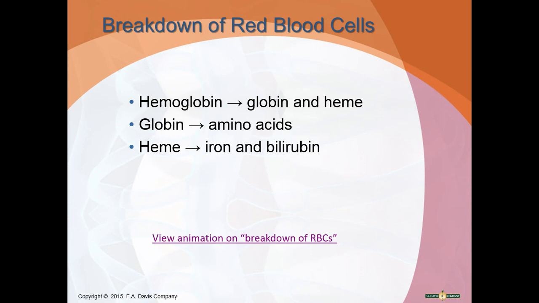Another thing that happens, because it's an excretory organ, is that the kidneys will start excreting bilirubin through the urine, and the urine will get a tea colored appearance. So the bilirubin will stop coloring what it's supposed to be coloring, the stool, and will start coloring the skin and the urine, because of the body's attempt to get rid of it, because it is toxic to the body and the body is trying to excrete it. So please view this animation on the breakdown of red blood cells.